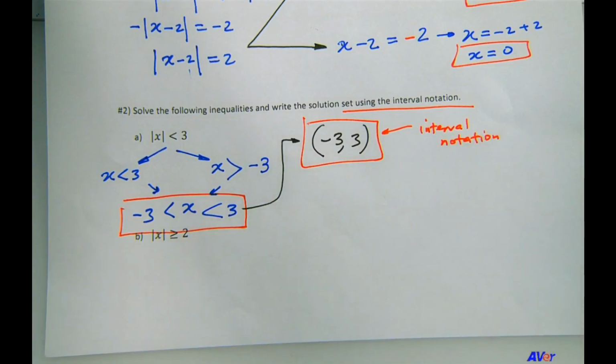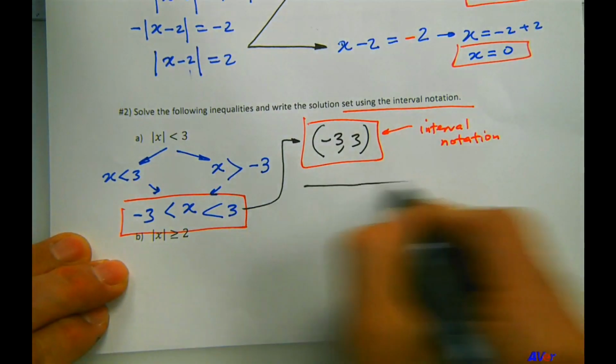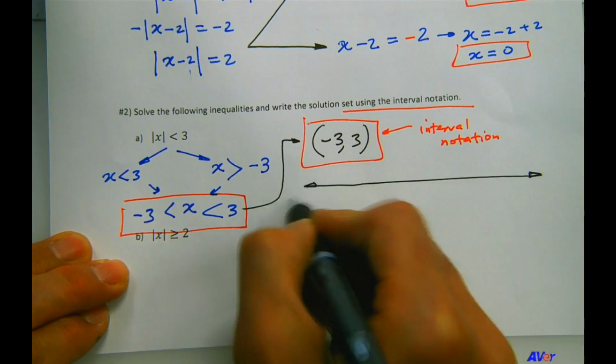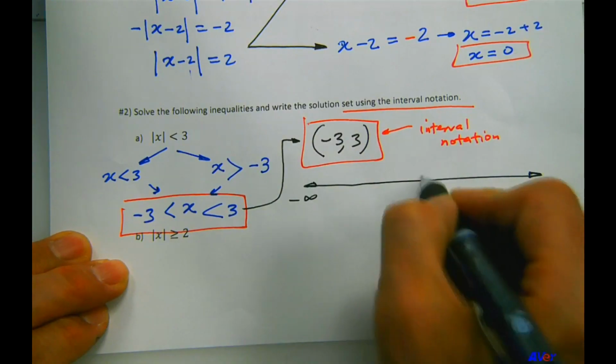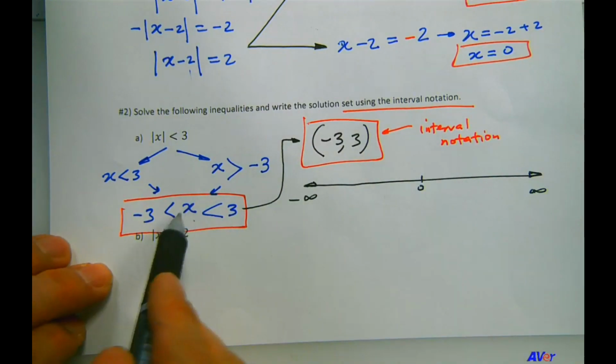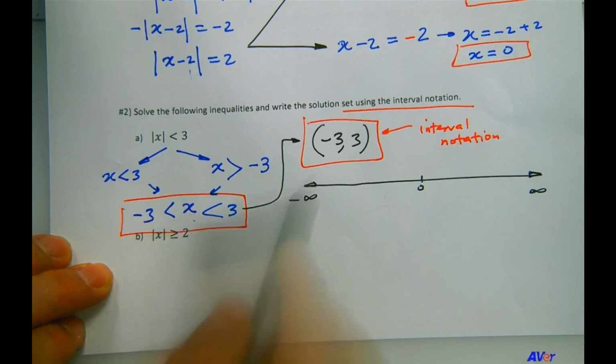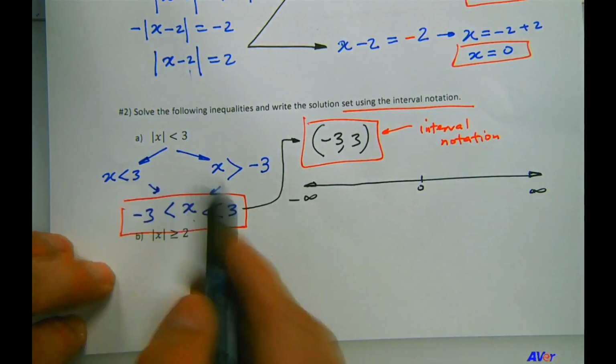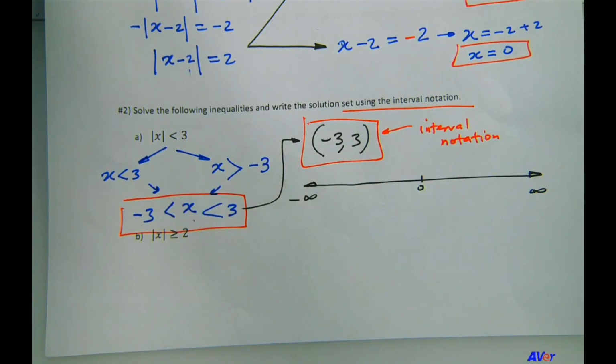Okay, like that. Can we look at this on a graph line? Absolutely. So suppose we have -infinity to infinity, 0 in the middle, and what we ended up here with is, well, let's look at the individual solutions, and then we'll find the overlapping region.